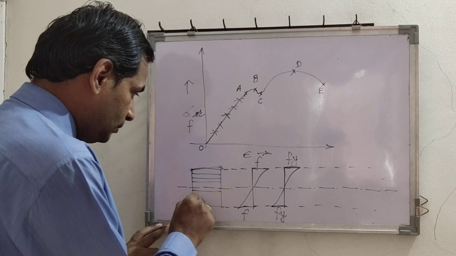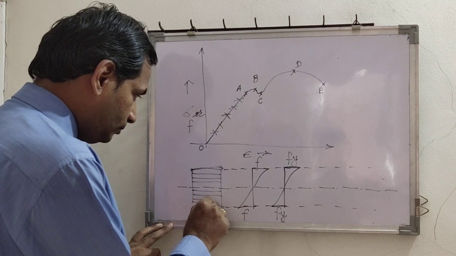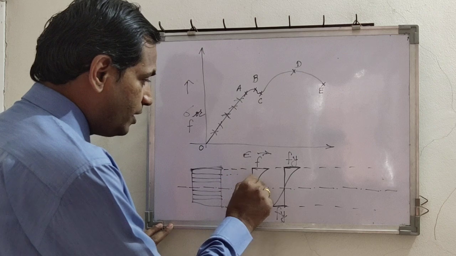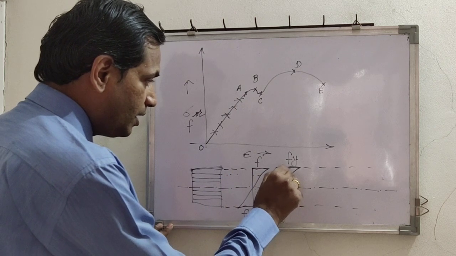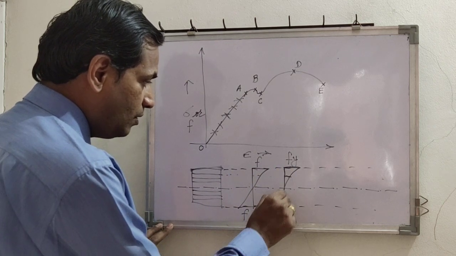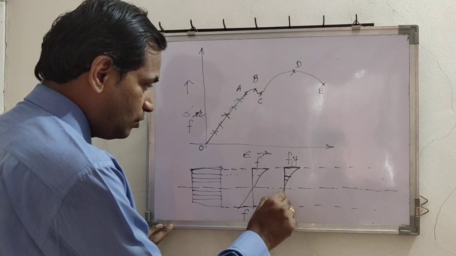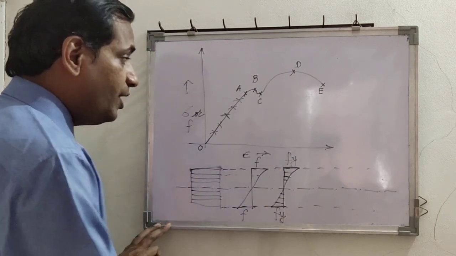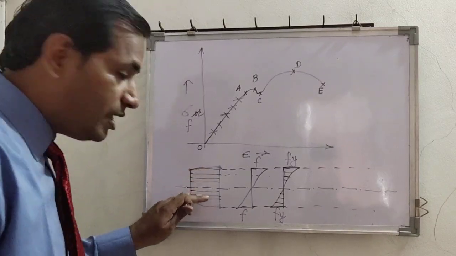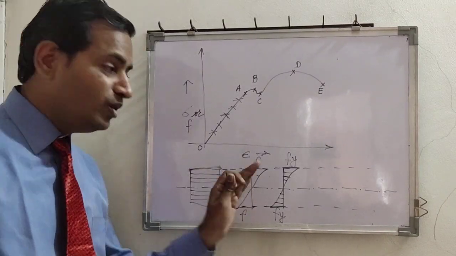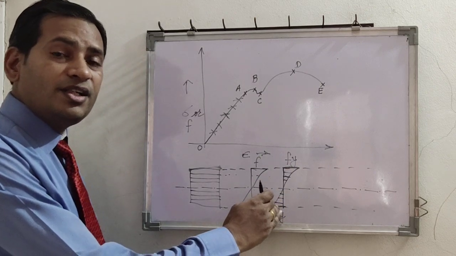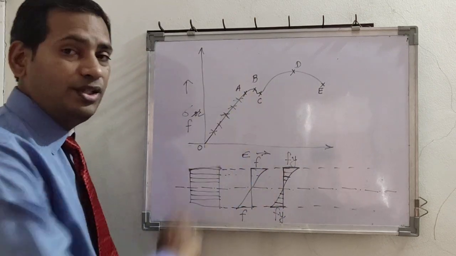Yes, these fibers, they are having a stress value which is less than Fy. On both the ends or both the sides it will have a value less than Fy. It means these fibers are yet to reach their yield value. Only extreme fibers have reached yield stress value at point C.